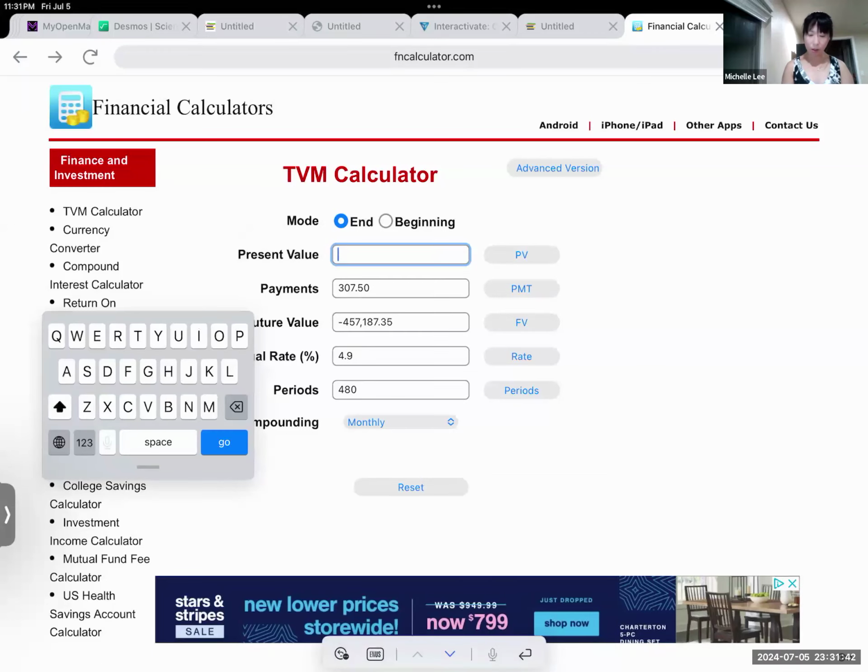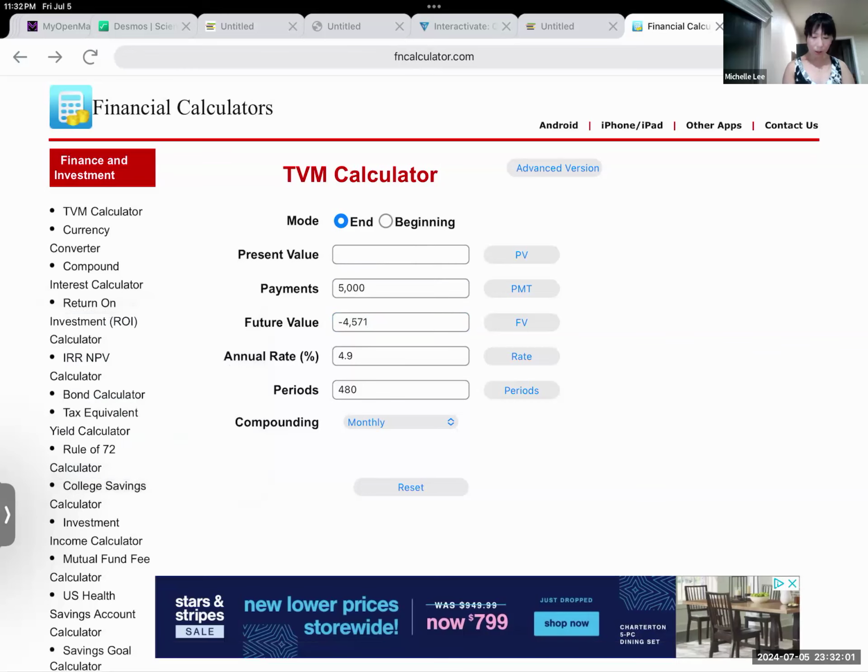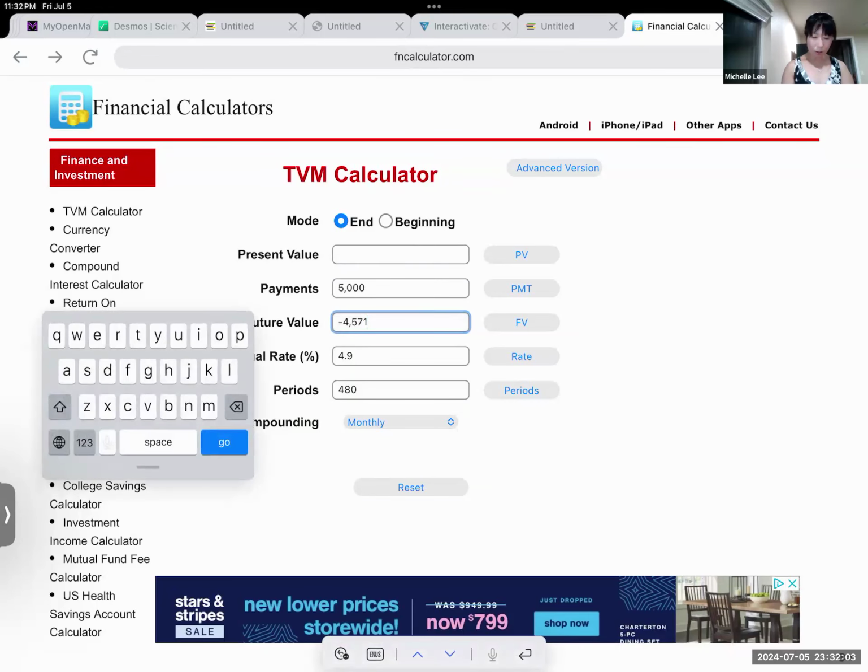That's the question. And the payment, he will receive $5,000 for 20 years. Future value, we don't know, they don't say anything, so zero.